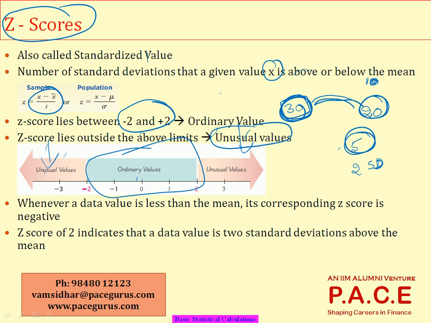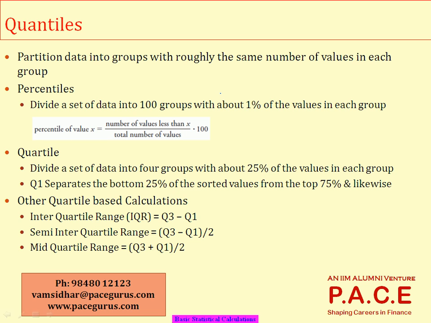You are converting it into a standardized value. If the z-score lies between -2 and +2, we say that particular value is normal, otherwise it is abnormal. That kind of standardization is what you are bringing into your data analysis. That's the reason z-scores form a very important aspect of statistical analysis.